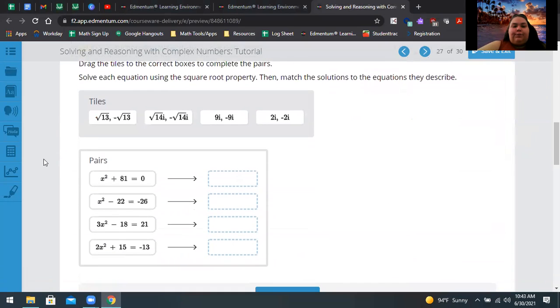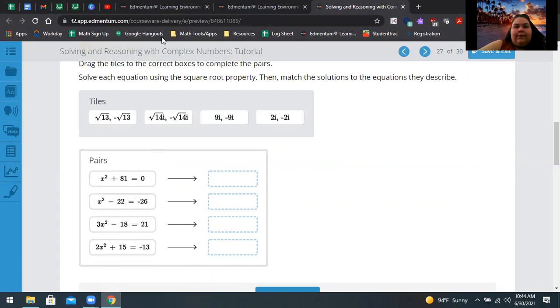Moving on to question 2. For this one right here, you solve each equation by using the square root property. So what I'm going to do is solve for one of them. I'm going to choose one of the last two, but you're going to follow the same steps. So I'm going to go ahead and take on the last one.